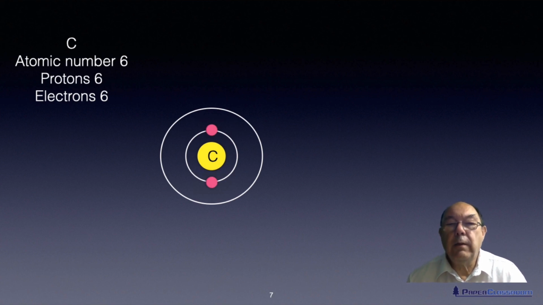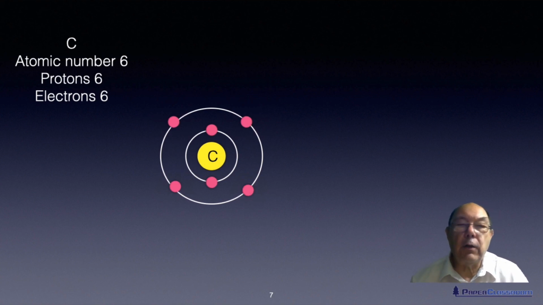In the K shell, 2 electrons. So the K shell, the innermost shell, first shell, is now completely full. It cannot hold any more electrons. So the remaining 4 we must start to place in the second shell. So there's our 4 electrons in the second shell.